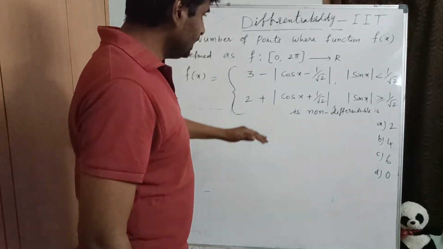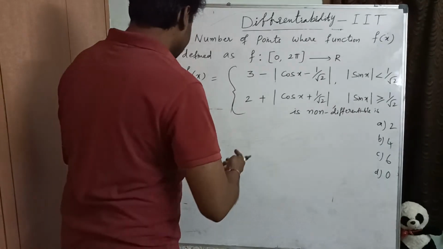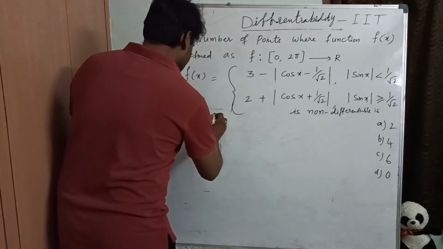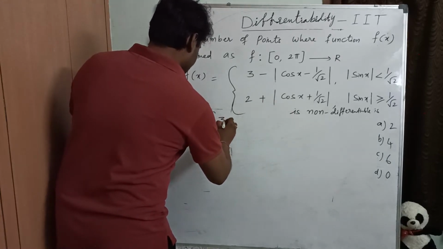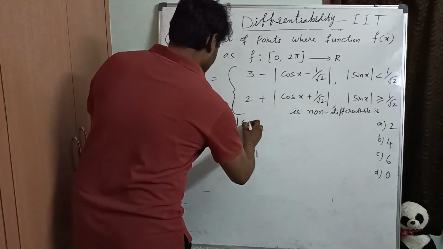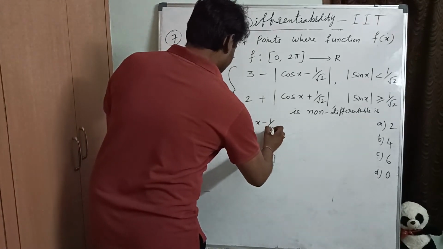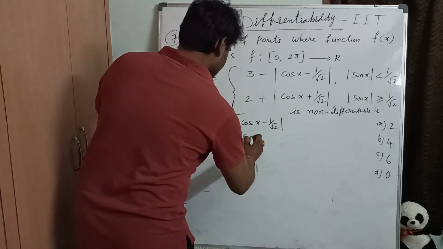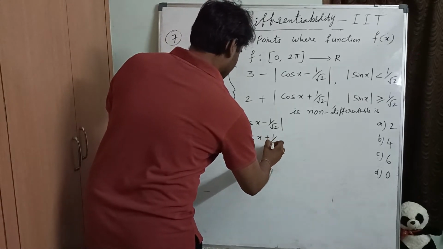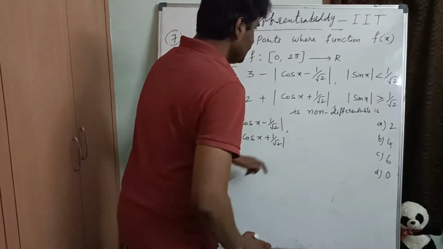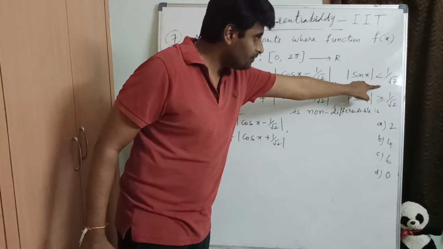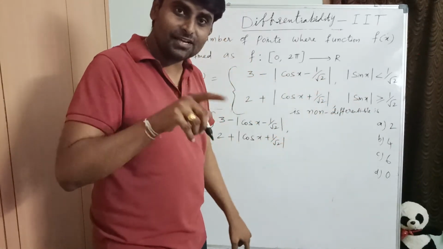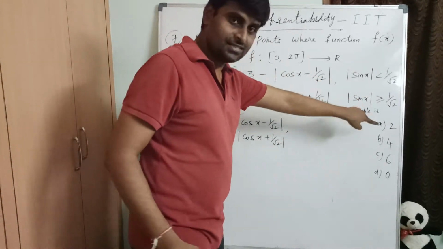Okay. So now let us rewrite this function. See here, f of x equals 3 minus modulus of cos x minus 1 by root 2, and 2 plus modulus of cos x plus 1 by root 2. See here, whenever modulus of sin x is less than 1 by root 2, that means modulus of cos x is greater than or equal to 1 by root 2. Reverse of this, correct?